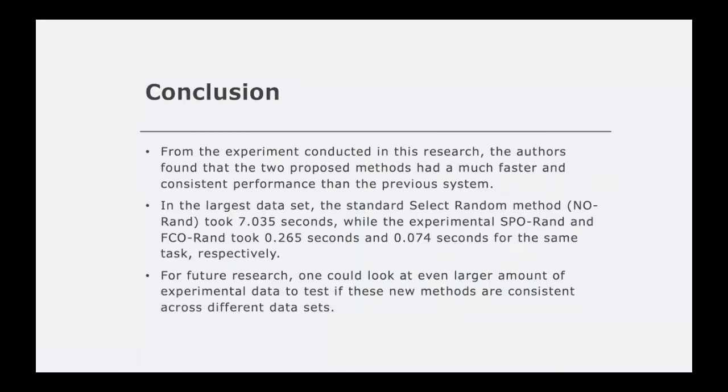So to conclude, we have seen from the results of the experiments that the two experimental methods proposed in this study were much faster in executing the random querying tasks. In fact, the filtered column ORDER BY RAND, or FCO-RAND method, was the one with the best performance, at 0.074 seconds when compared to the original normal ORDER BY RAND system at 7.035 seconds.